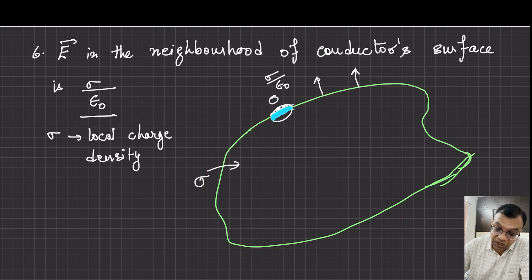This total electric field is sigma upon epsilon naught. It is not only due to this charge, it is due to the entire charge on the sheet, on the other part of the object, and on this part of the object.